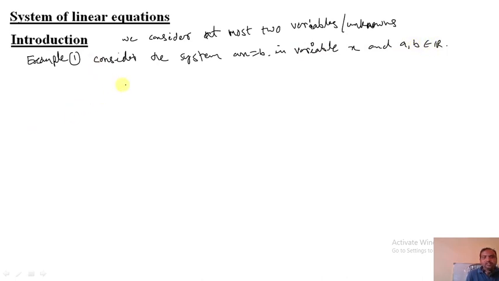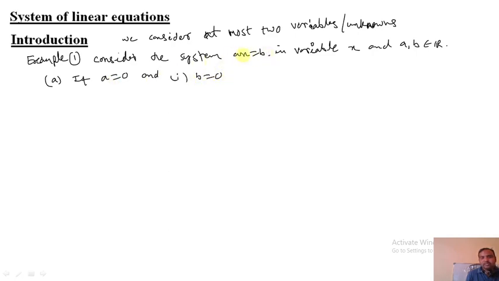Now when does this system have a solution? Suppose a is 0 and b is also 0.